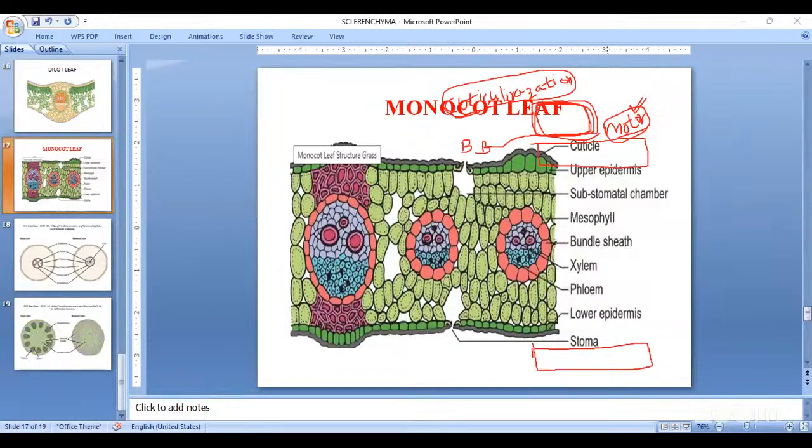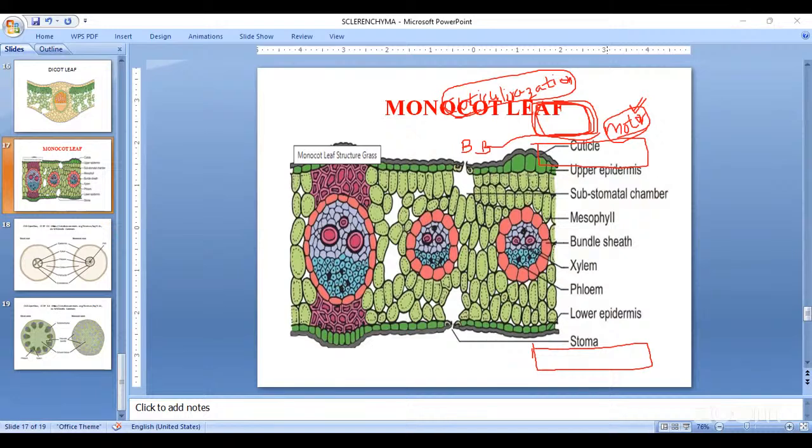Both mesophyll cells have chloroplasts, but in monocot the mesophyll is not differentiated into spongy and palisade, whereas in dicot it is clearly separated. That is another difference between dicot and monocot leaf.